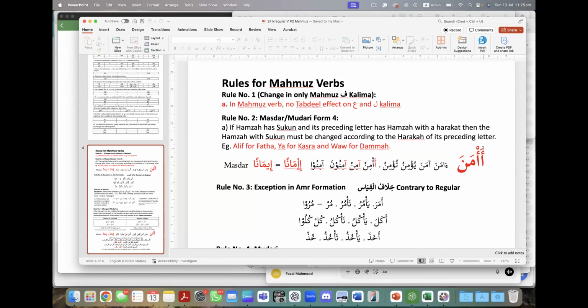So if there is a Hamza with a prominent haraka, and after that another Hamza with sukun, then the rule says, oh my goodness, one second, sorry.